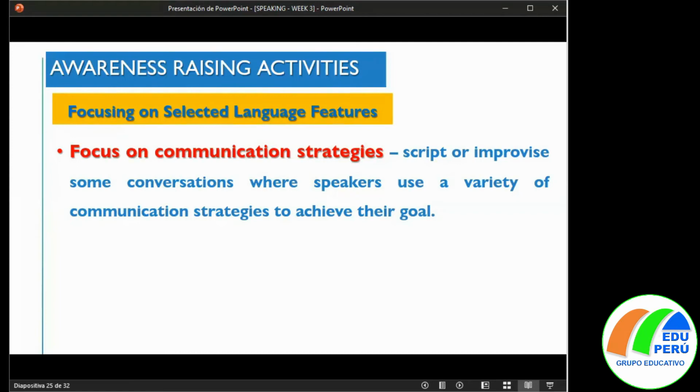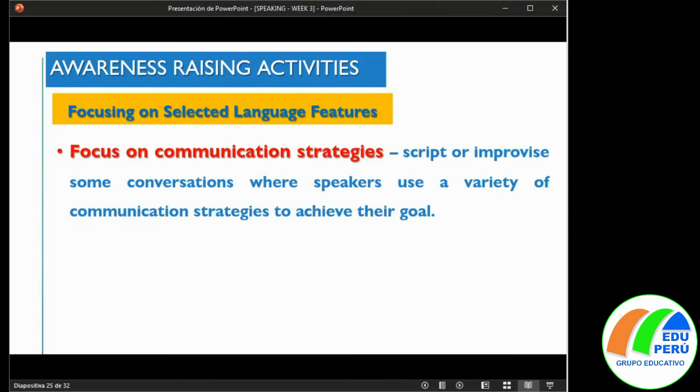For example, you can present your students a conversation when a person doesn't know what to say. A very common discourse marker when we are unsure about something is using this hesitation sound. Or, for example, you have a conversation. What day is it today? Oh yeah, I think it's the 10th.